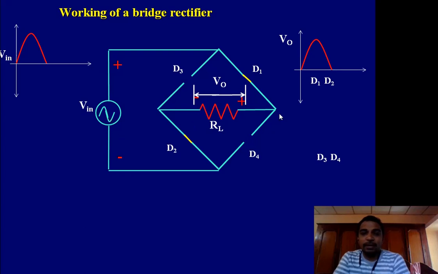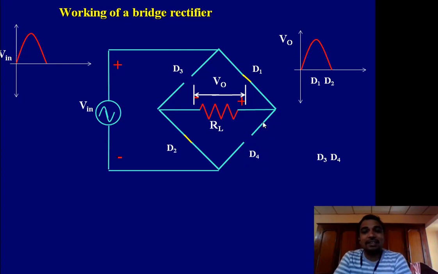Minus and plus are both adding, so combined they face a voltage of 2Vm. So each diode faces Vm. So the peak inverse voltage of D3 is Vm only, and of D4 is Vm only, the maximum voltage only. So in this way, the peak inverse voltage of a diode in a bridge rectifier is less as compared to the center tapped rectifier.